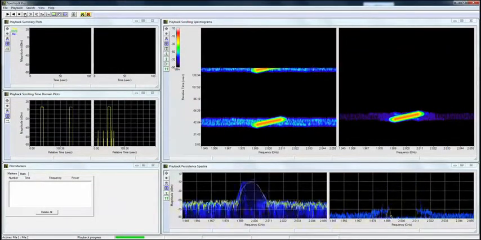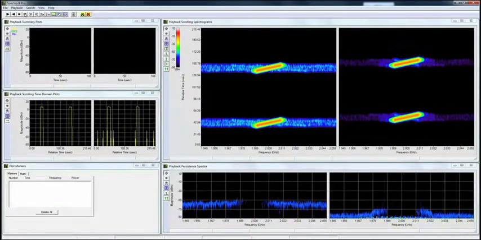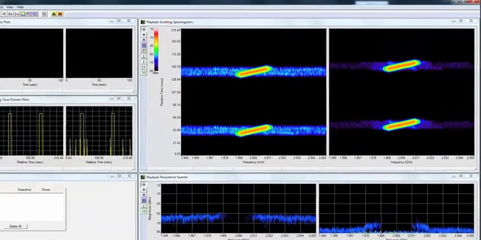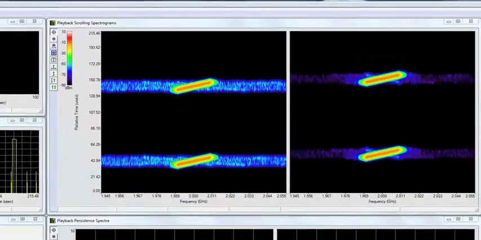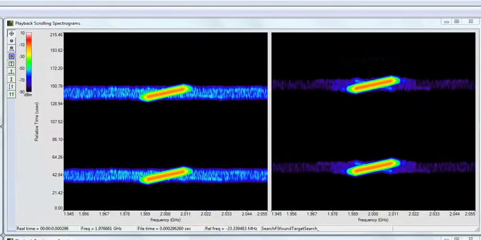When I do that, I now have a greatly expanded, zoomed in visualization in the time domain and correspondingly in the frequency domains of what is going on in these recorded channels.